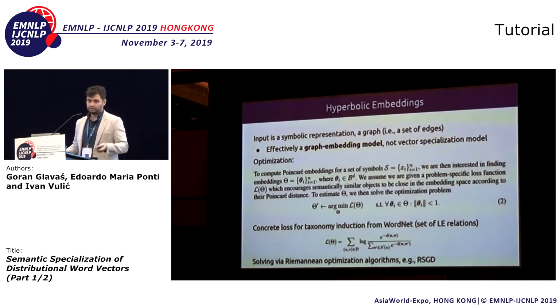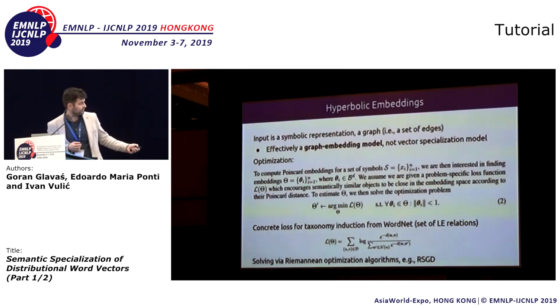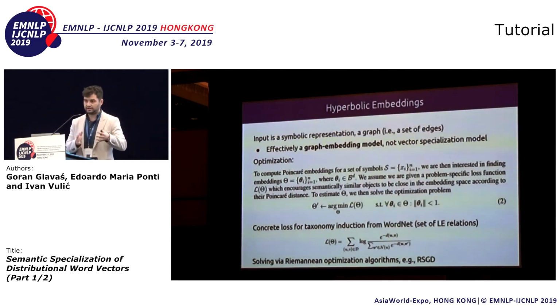Depending on what your downstream task is, you want to learn your d-dimensional embeddings on a d-dimensional ball, where you're trying to minimize a set of constraints. If you feed, for example, WordNet, then you have pairs of words that are in a hypernym relation, and you want to minimize a loss function based on the hyperbolic distances between those words for which you know the relation holds in a resource.